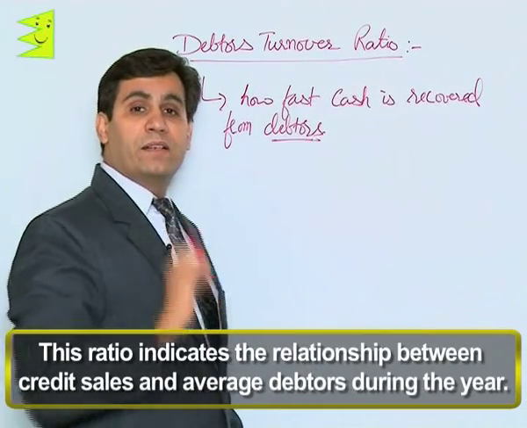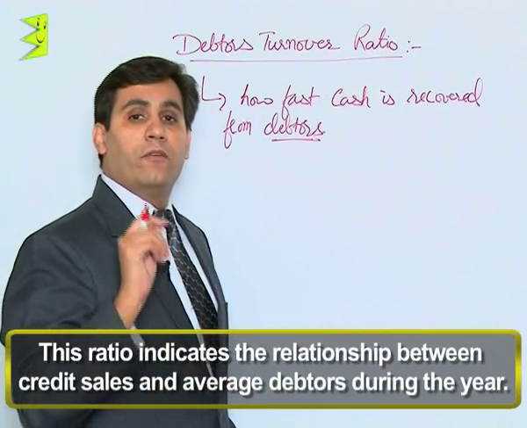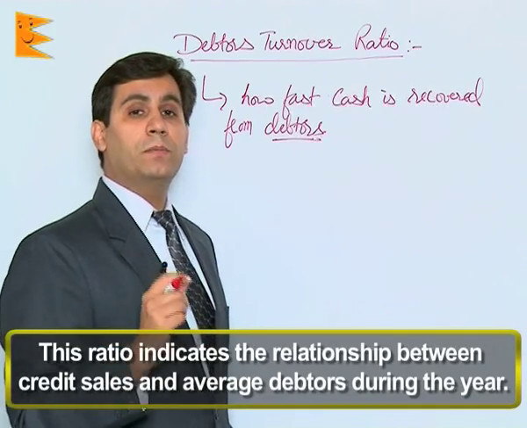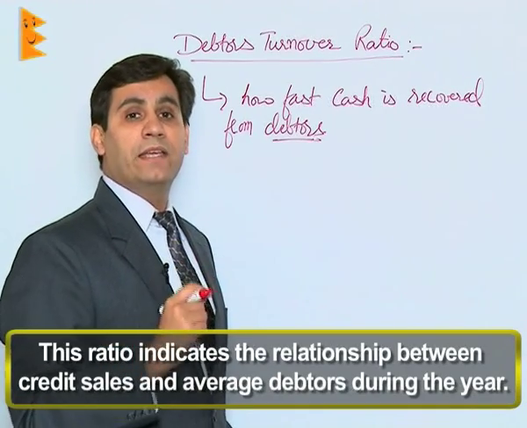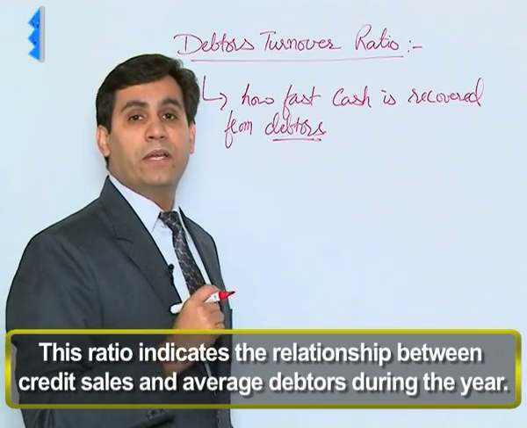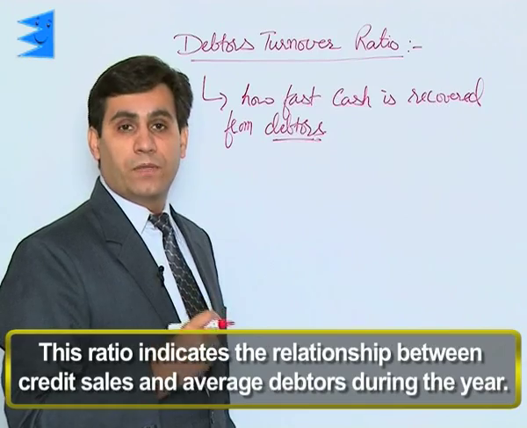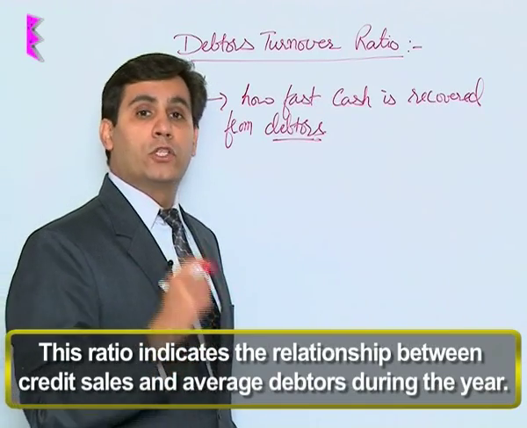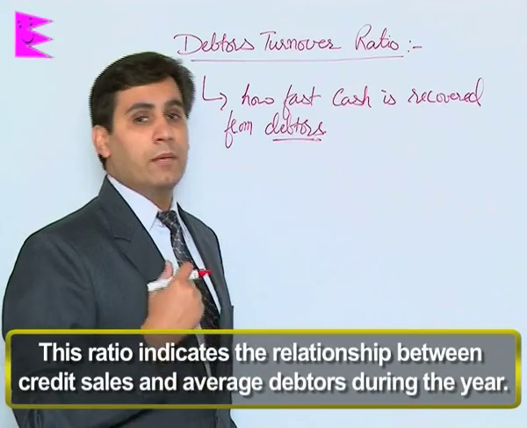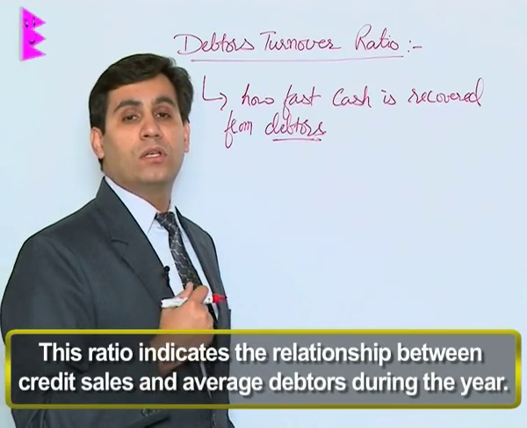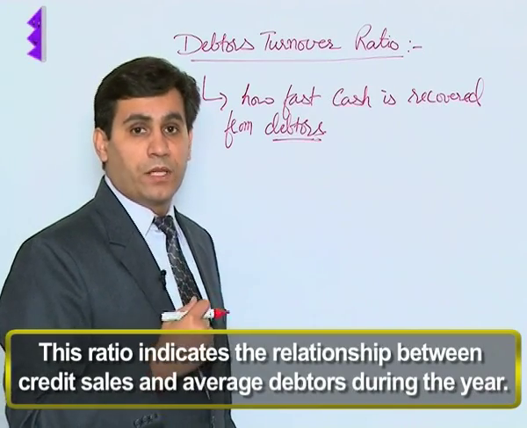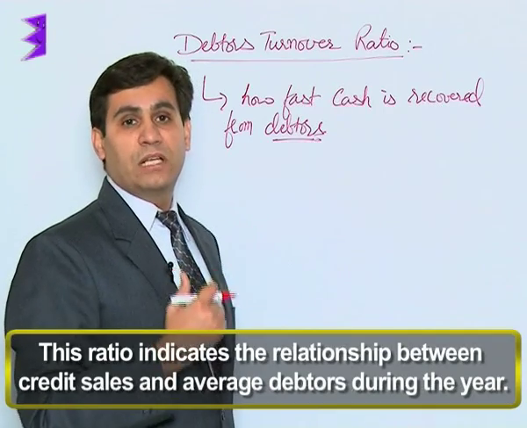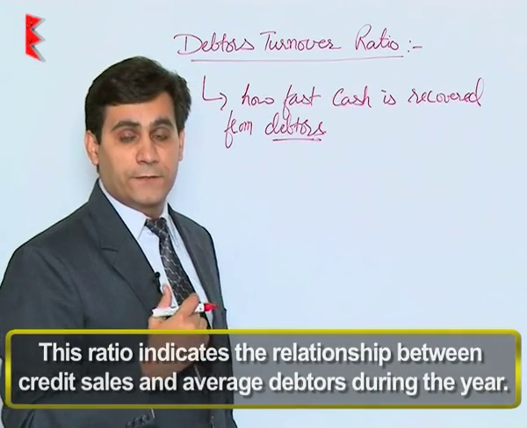Students, once we make credit sales, we have to receive money from debtors, and you should not lag behind in collecting that money. There are chances of them going bad, or you would require a higher amount of working capital in case you don't collect your debtors on time. So this ratio tells us how fast we are able to recover cash from our debtors.